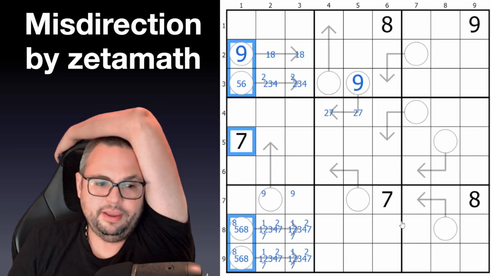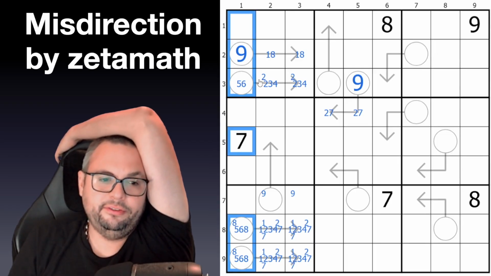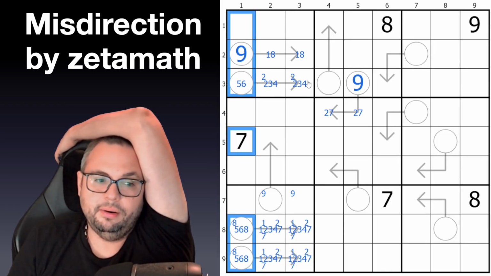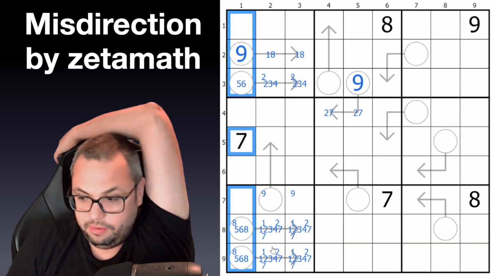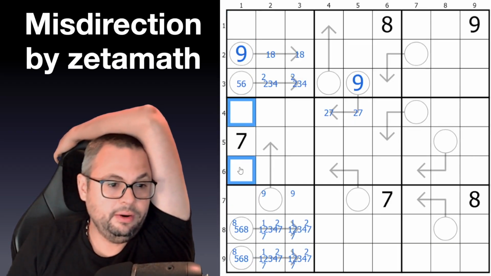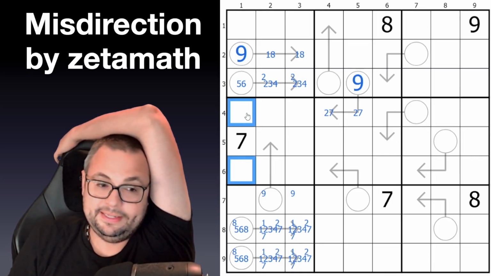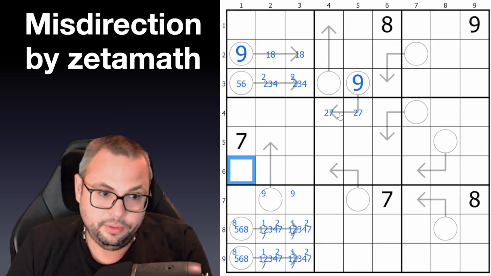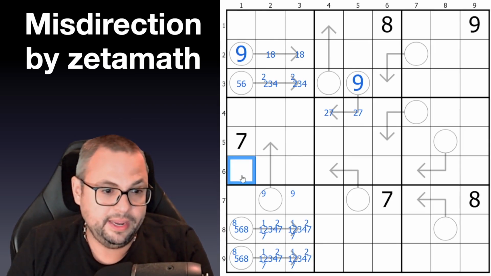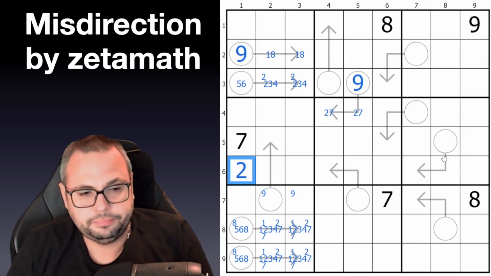Not on top of the 7. Not in this cell, because we said we needed 2 for the arrow in this box. Not in this cell, because we said we needed 2 for the arrow in this box. And so it's only in one of these 2 cells. But it's not that one, because we've got a 2, 7 pair looking across the world here, placing a 2 here.